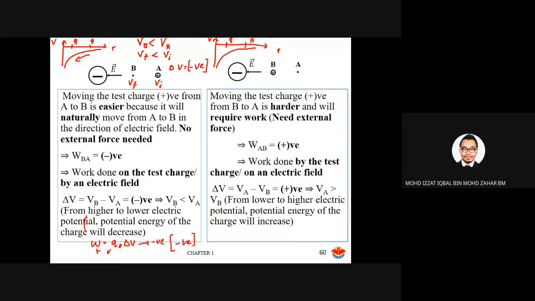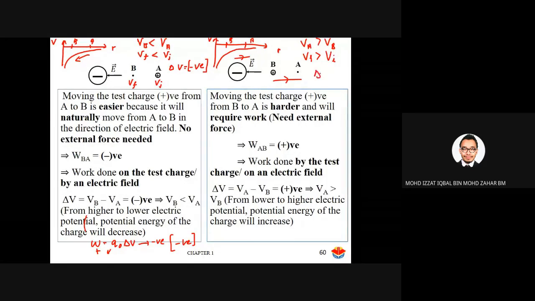Okay. So ini contohnya lagi satu pula. Now dia kata bergerak daripada B ke A. So we move from B to A. From here you can see that my V at A is actually bigger than V at B sebab dia lagi atas daripada dekat B. Okay, my final is bigger than my initial.